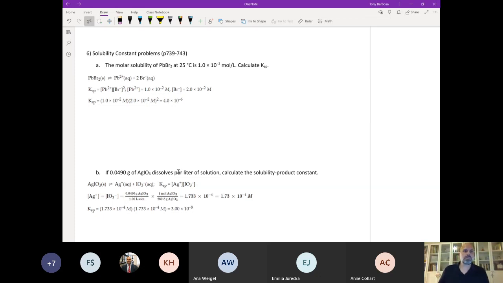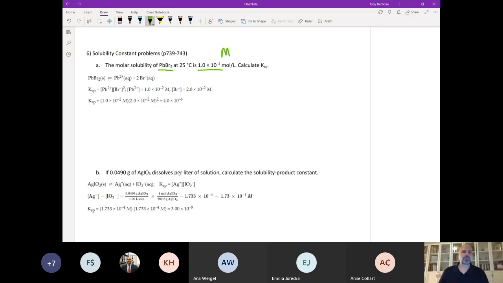When we're looking at these examples, these are Ksp problems. So we have the molar solubility of, in this case, lead bromide at 25 degrees Celsius is 1.0 times 10 to the minus 2 molar, right? This is just molar, capital M, moles per liter. It says calculate the Ksp.